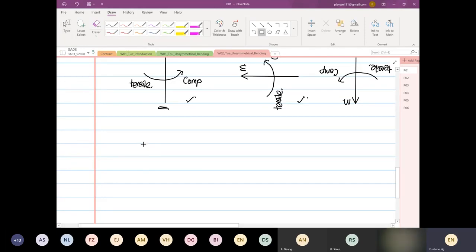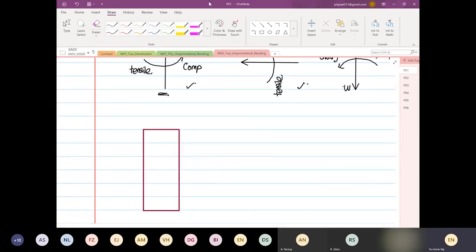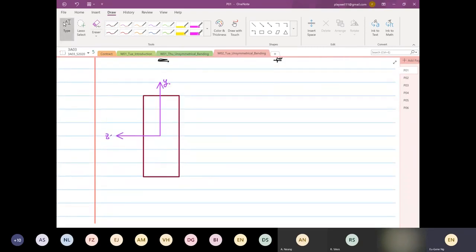I'm going to draw a structure, still rectangular. So again, this is our transformation, and then this is our y-axis and this is our z-axis. Then I'm going to have specific distances.